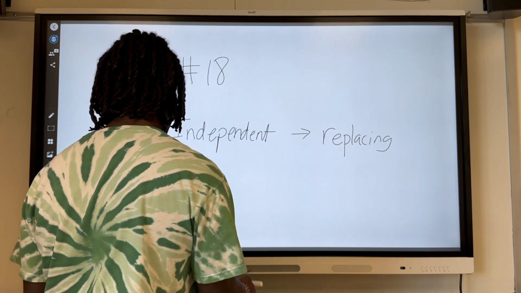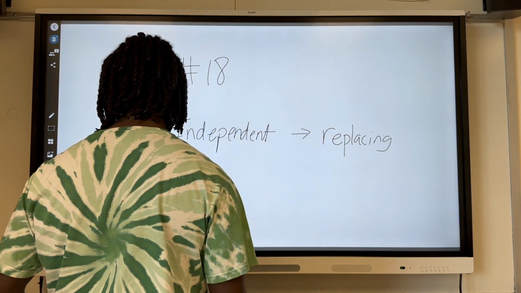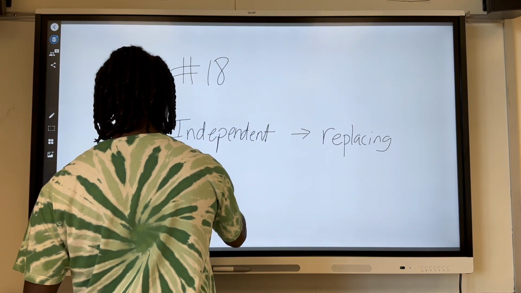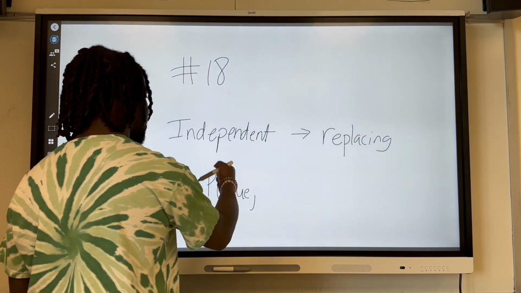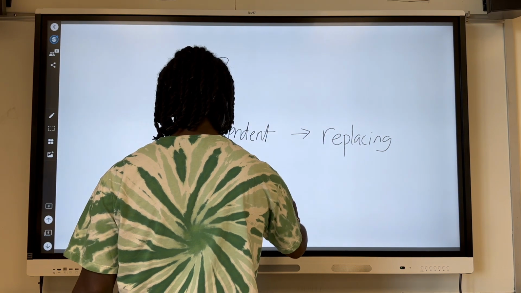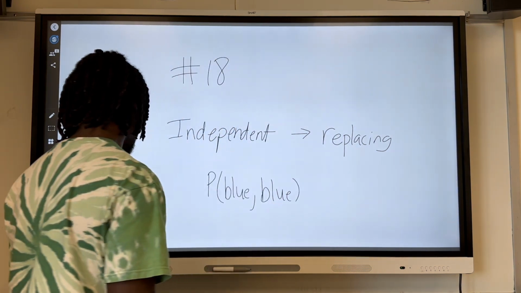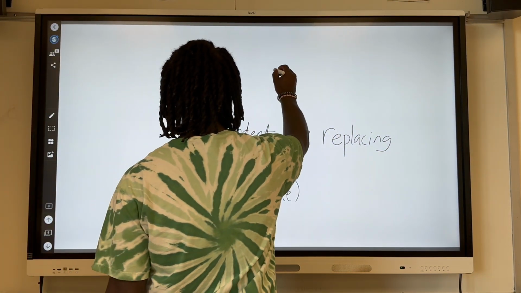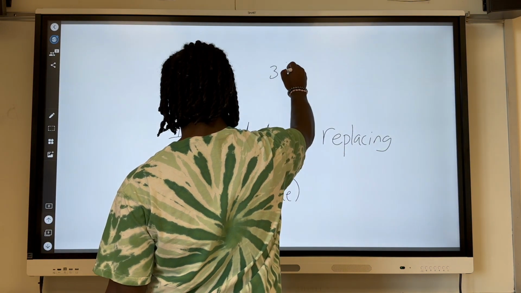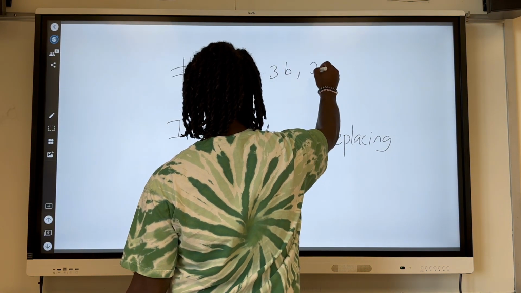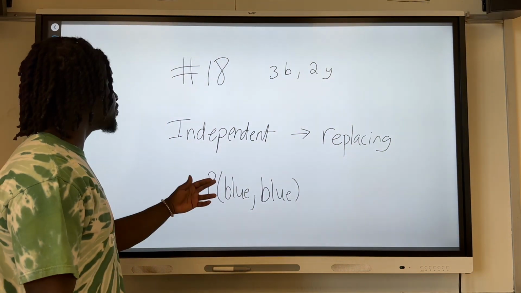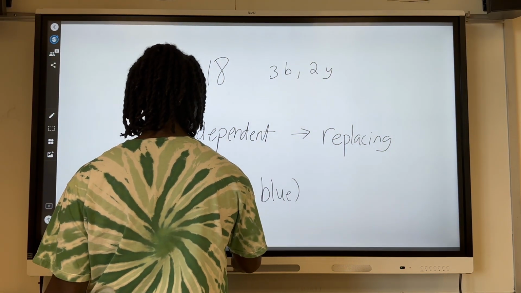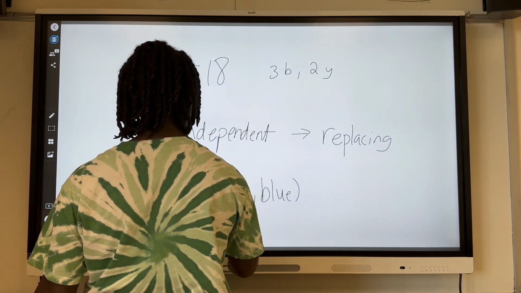Then it wants us to find the probability of getting a blue marble, again remembering that I'm replacing it because it's independent, then getting another blue one. The problem tells me that I have 3 blue marbles and 2 yellow marbles. So the probability of getting a blue marble would be 3 out of a total of 5.